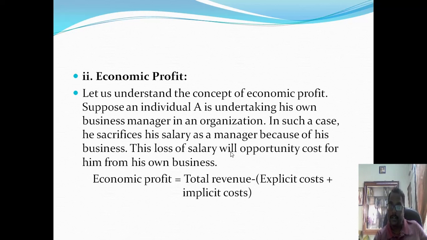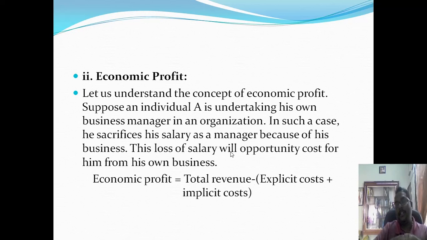If you worked elsewhere, you would arrive at a salary of 25,000, but when you are doing business you are not getting that 25,000. You are aiming for the profit. So you are losing some salary, and this salary will be an opportunity cost for his own business.